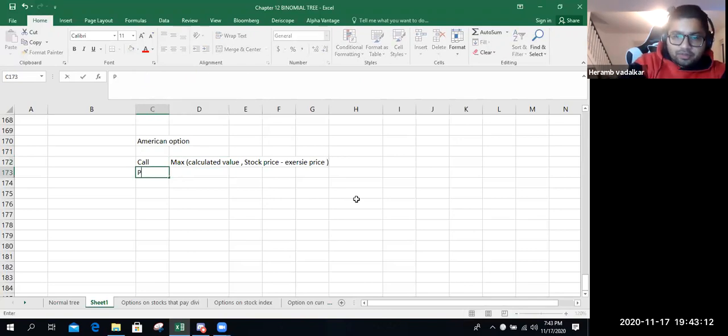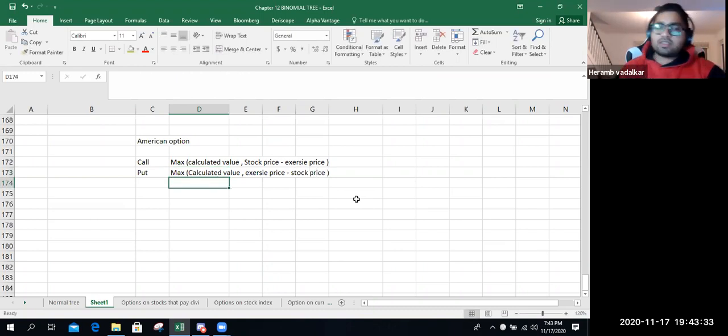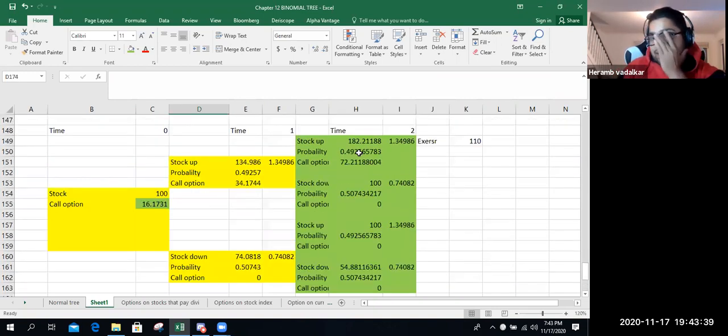If it is a put, you use max of calculated value and strike price or exercise price minus stock price. So this is the difference if you are using American calls and puts. The process remains the same. Please note, don't change anything in the root. Root remains the same. Everything else changes.